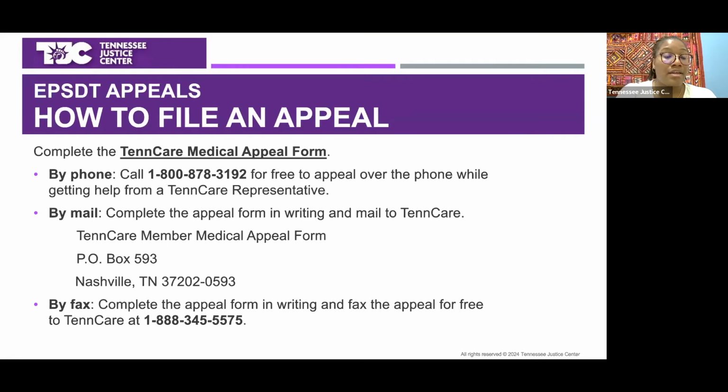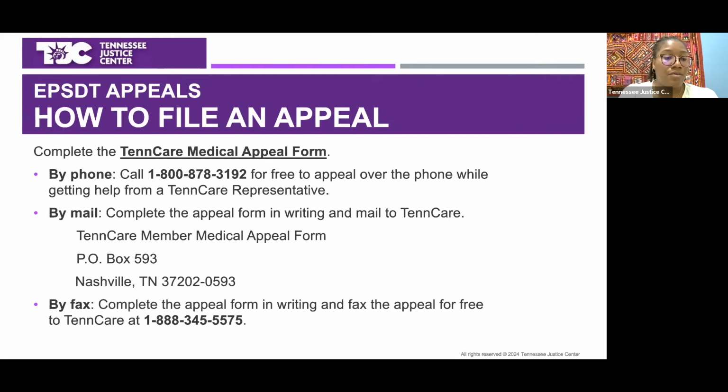And the only thing to note about filing an appeal over the phone is that you won't immediately get a copy of the appeal that you've filed like you would with the other methods. Eventually, you can always get that information, but it's not going to be immediately available to you. TennCare is going to have that on their end. If you file an appeal by mail, you'll complete the appeal form in writing and then mail it to TennCare at the address here.